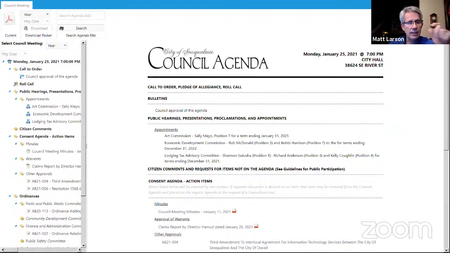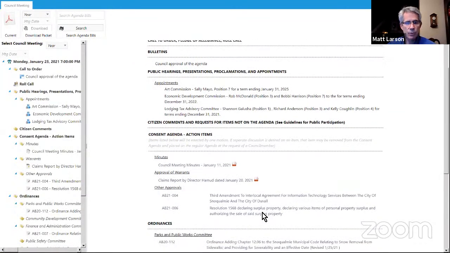All listed below being acted on by one motion. Action items include the minutes for the regular council meeting of January 11th, 2021. Other approvals include Agenda Bill 21004, Third Amendment to the Interlocal Agreement for Information Technology Services between the City of Snoqualmie and the City of Duvall, and Agenda Bill 20006, Resolution 1568, declaring various items of personal property surplus and authorizing the sale of said surplus property.